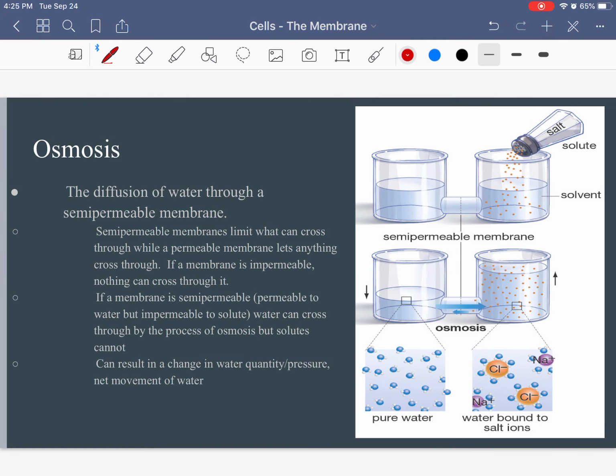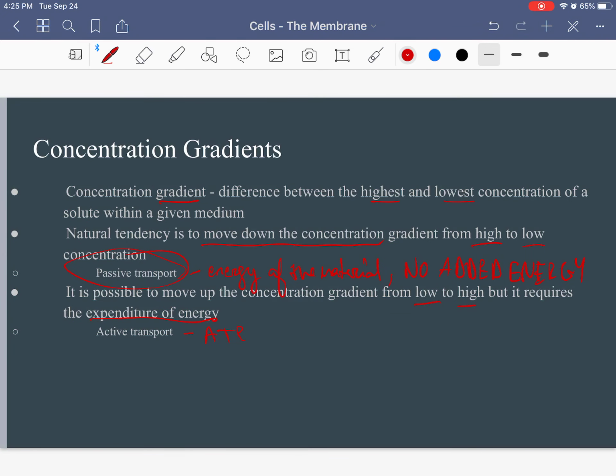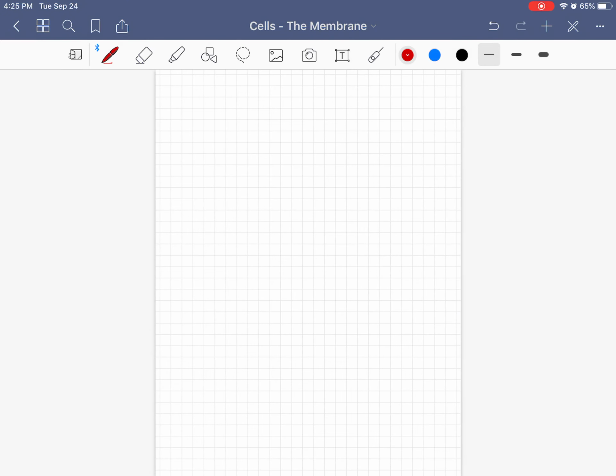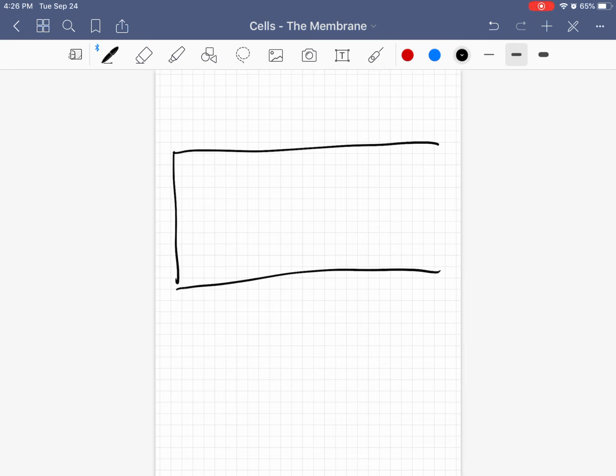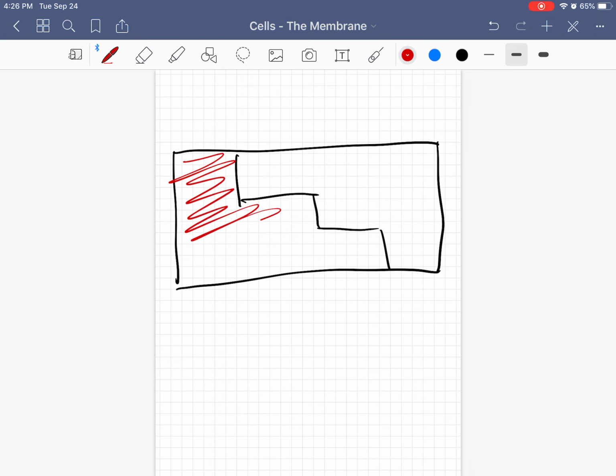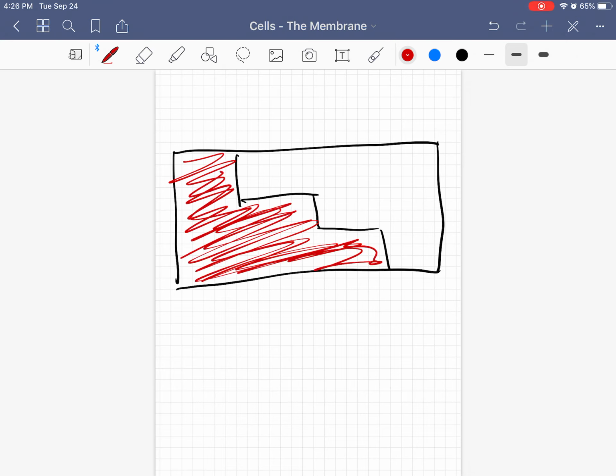All right, now let's just talk about concentration gradient just a wee bit more. Imagine we're talking about a concentration gradient kind of like a stairway. We have red materials. Okay?